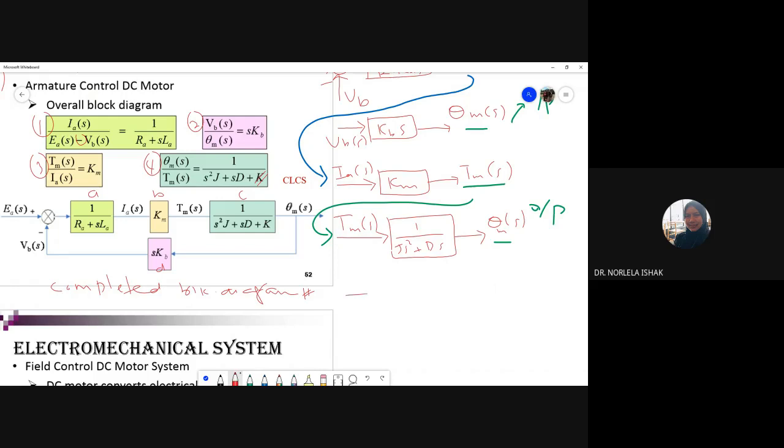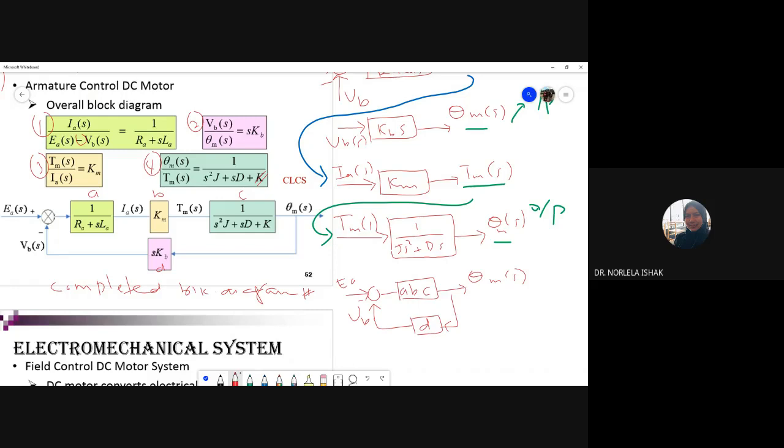So we redraw: you get A multiplied with B multiplied with C. This is still our displacement, and this is our D. This is our EA and this is our VB minus.